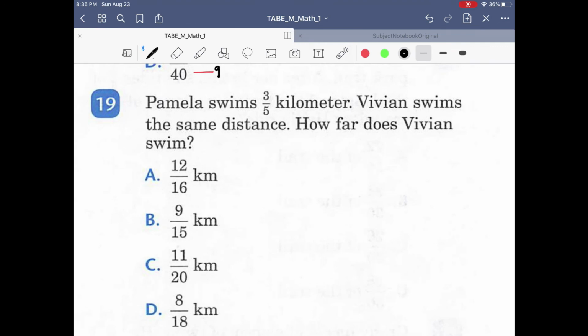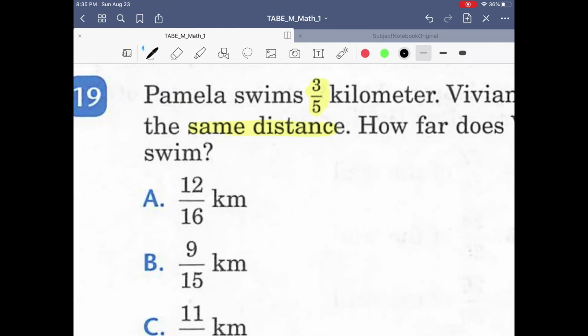Number 19. Pamela swims 3/5 of a kilometer. Vivian swims the same distance. How far does Vivian swim? So we're comparing to 3/5. And I'm just going to stack them up right here.